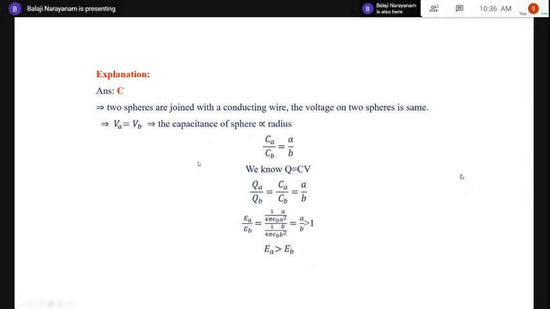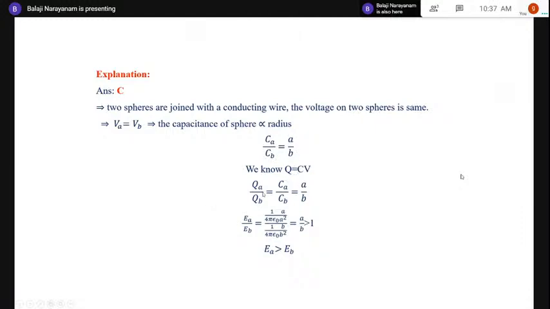Now we have that the capacitance of a sphere is proportional to its radius. This we already discussed in the previous session. Hence capacitance of sphere A is proportional to A, and capacitance of sphere B is proportional to the radius B. Now take the ratio of capacitance of A and capacitance of B. It is equal to A by B. And we are aware of the equation Q is equal to CV.